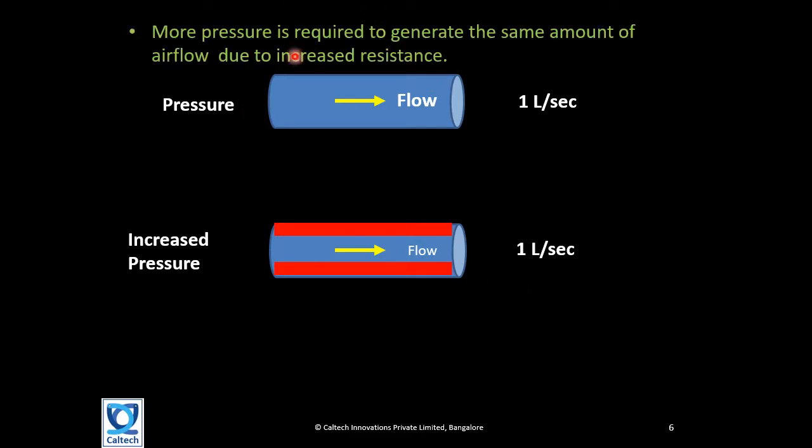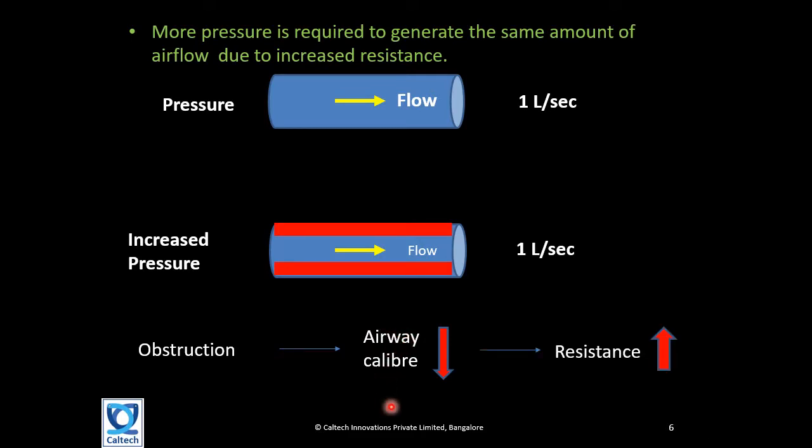That means more pressure is required to generate the same airflow due to increased resistance. So if there is obstruction in your airways, the airway caliber is reduced, because of which the resistance increases. Resistance is a very good indicator of airway obstruction.